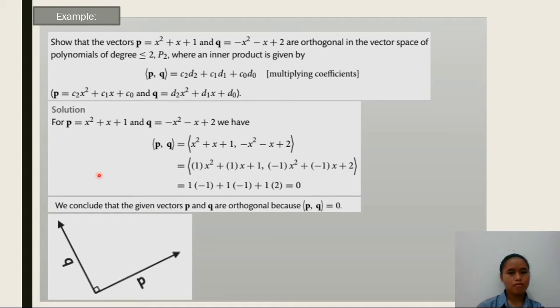For example, we have P and K. Multiplying the coefficients of P and K, from that we get the solution.